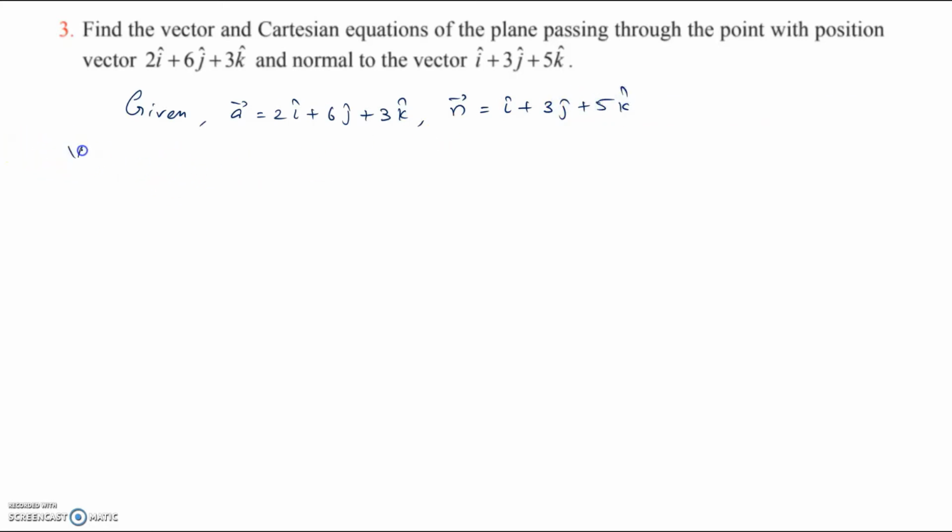So the vector equation of the plane is r vector dot product with the n vector is equal to A vector dot product with n vector.